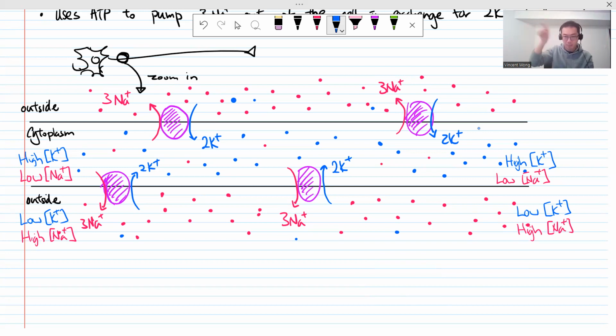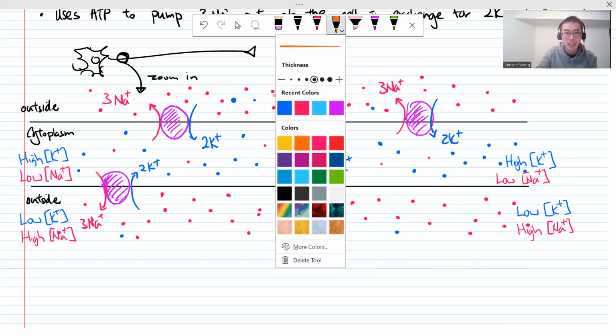Each of them is positive, so you're losing 3 positive and only bringing in 2 positive. Each exchange means you are losing a positive to the outside. So over time, it is going to be more positive outside.